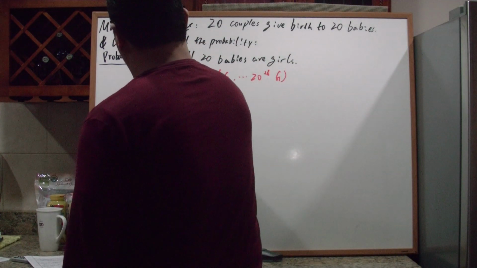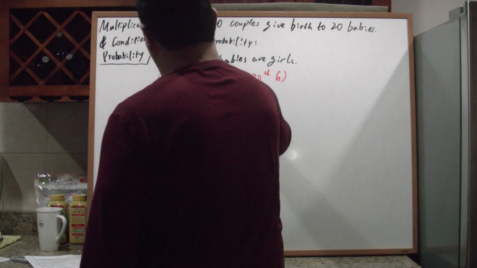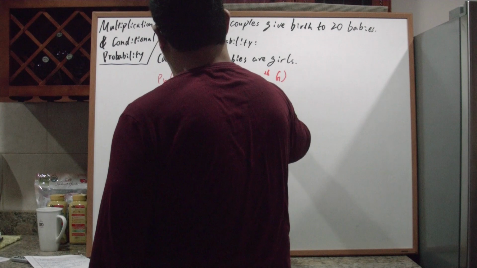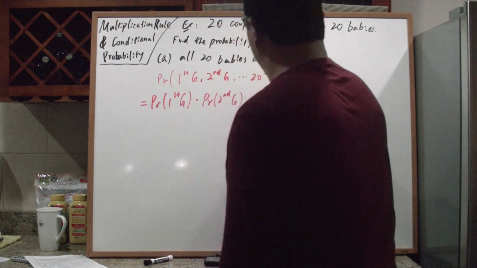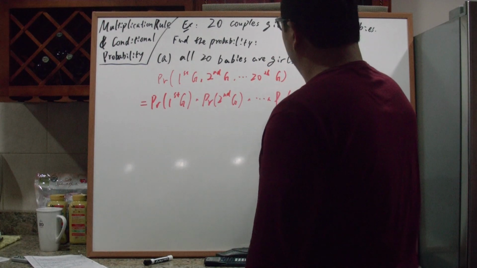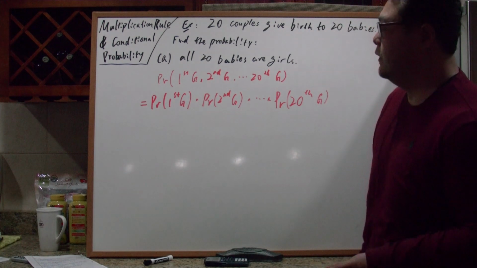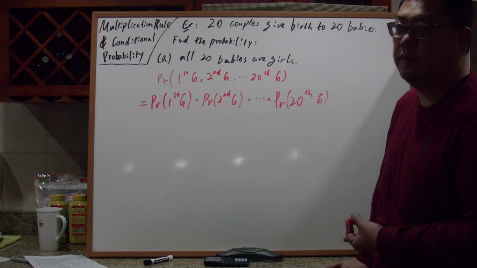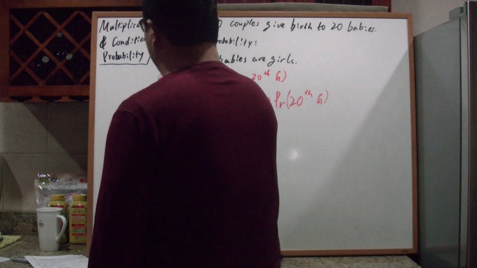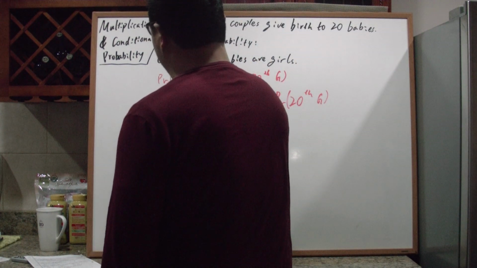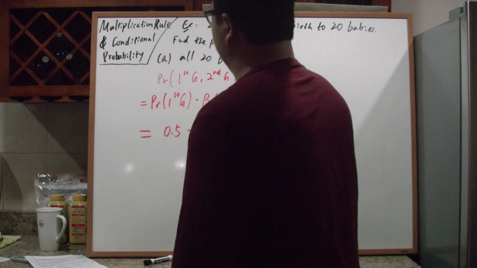If we do step by step, that is the probability of the first one being a girl, the second one being a girl, all the way to the probability of the 20th being a girl, which with the assumption of equally likely boy and girl, is a half for each couple.